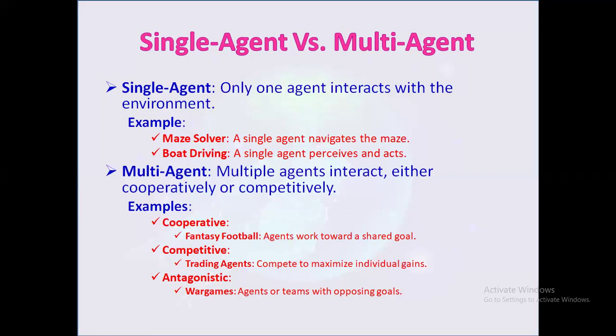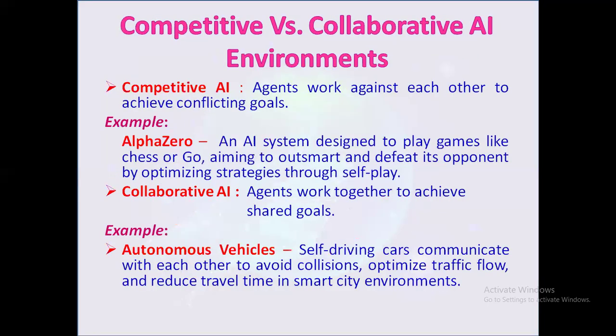These distinctions highlight the complexity of environments where agents act alone versus those where multiple agents interact either in harmony or opposition. The next type is competitive versus collaborative AI environments. In a competitive AI environment, agents work against each other, each striving to achieve its own goals at the expense of others.